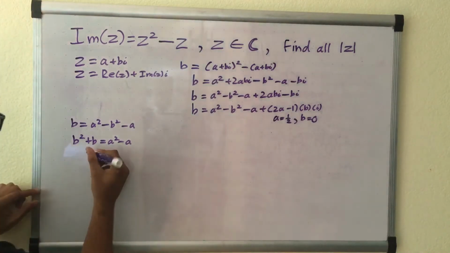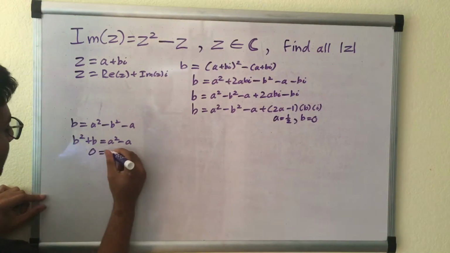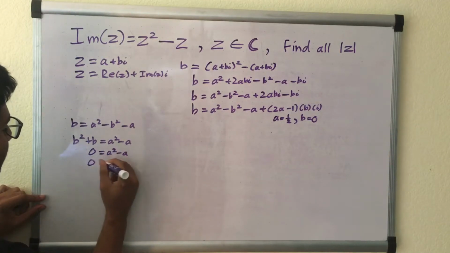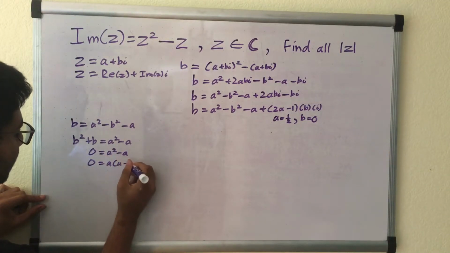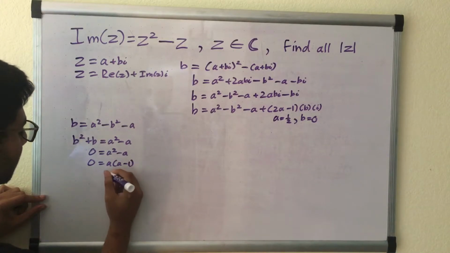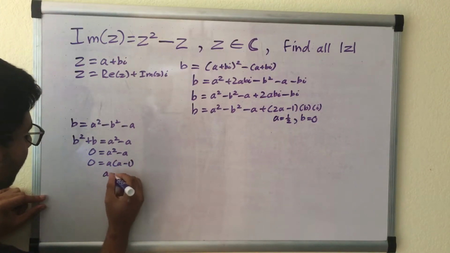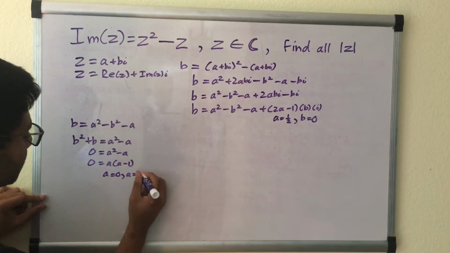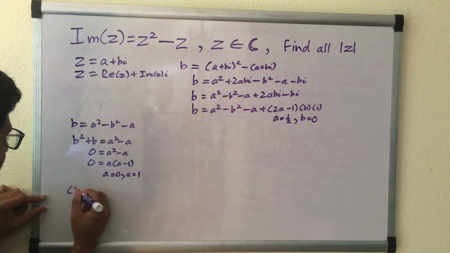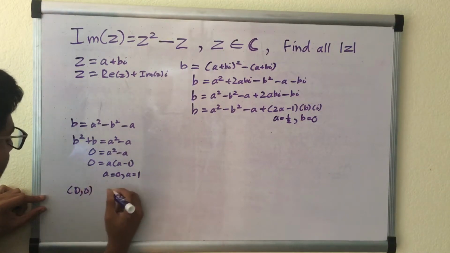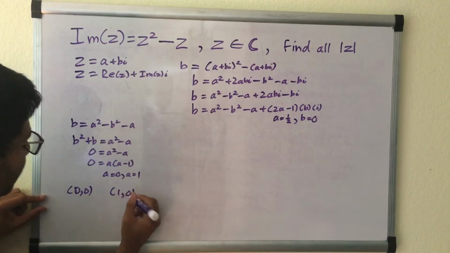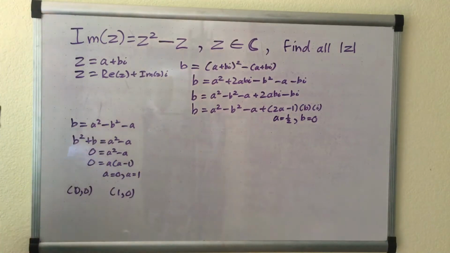First, plugging in b equals 0, we get 0 is equal to a squared minus a. 0 is equal to a times (a minus 1), which gives us two possible values, a equals 0 or a equals 1. So we can write (0, 0) and (1, 0) as the two possible ones that work for this.